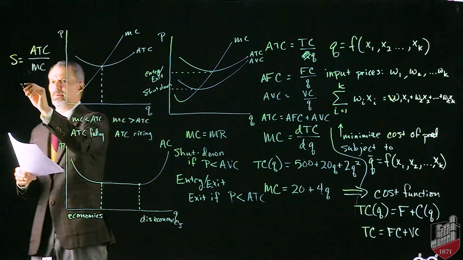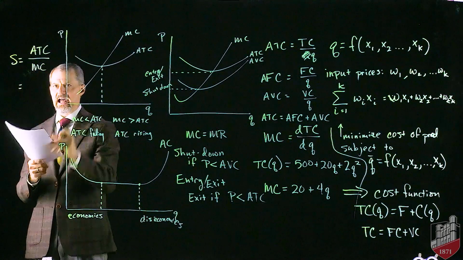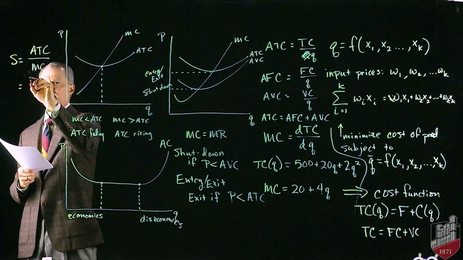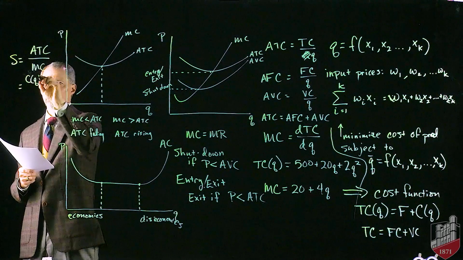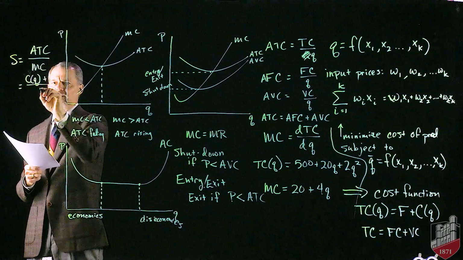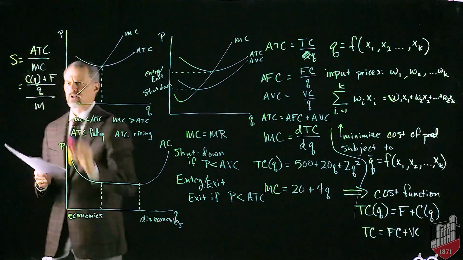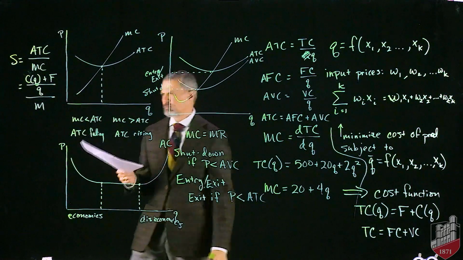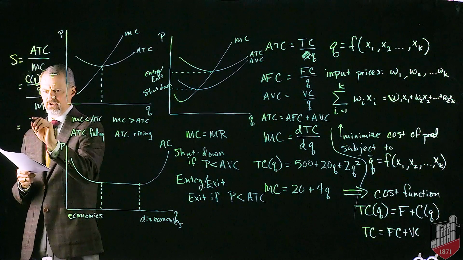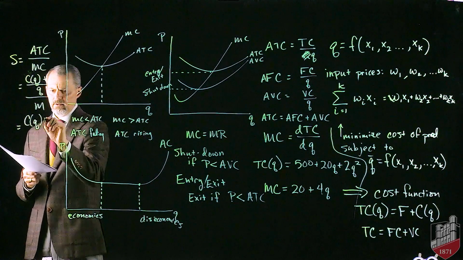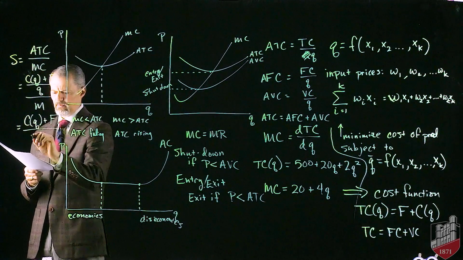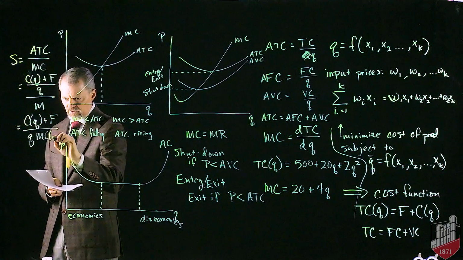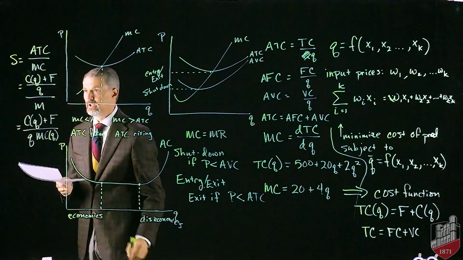I'm going to do a bit of algebra here. I'm going to write my average total cost using that notation down there. This would be your variable cost plus your fixed cost divided by Q, over marginal cost. And then I can rewrite that this way. This is just variable cost plus fixed cost divided by Q times marginal cost, which I'm going to remind ourselves marginal cost is a function of Q.